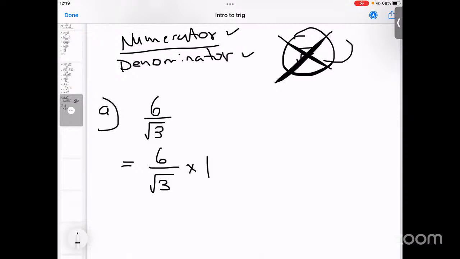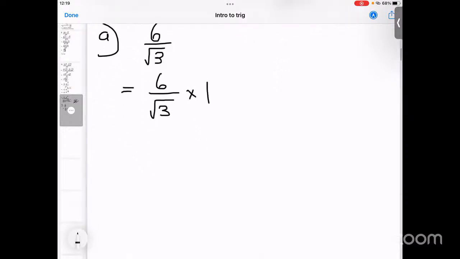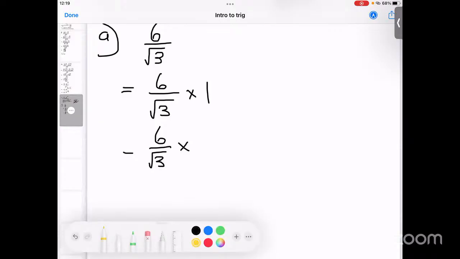Okay, if that is the case, would you agree with me if I say that 6 over square root of 3, we will multiply it by 1, but a very special one. The special one is that we will multiply it by a fraction of exactly that. Why exactly that? Because we want to remove it.